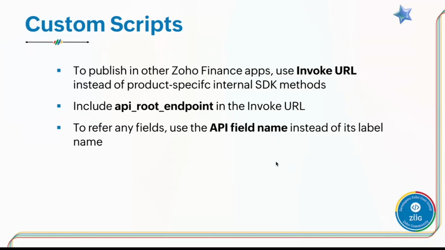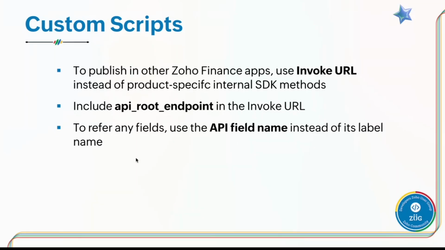So for every field that is available in the Zoho Books product, you will have the label name, which is transparent, and the API field name will be available within the platform. So in order to refer to any fields, you should be using only the API field name and not the label name.